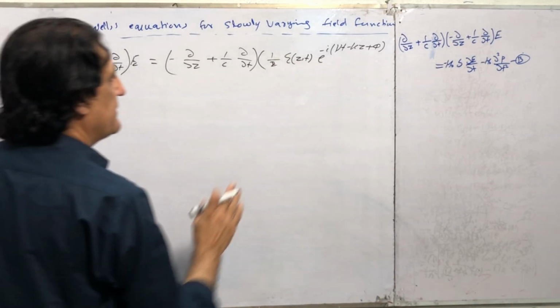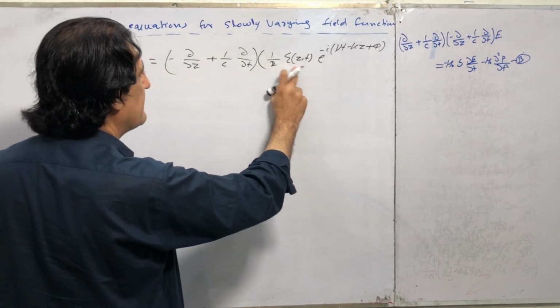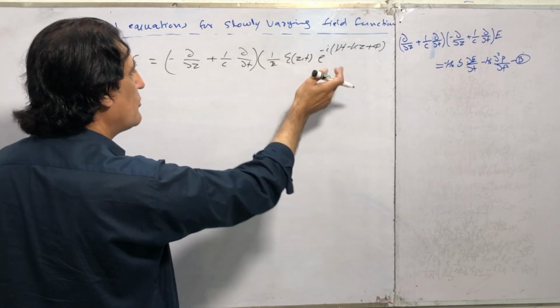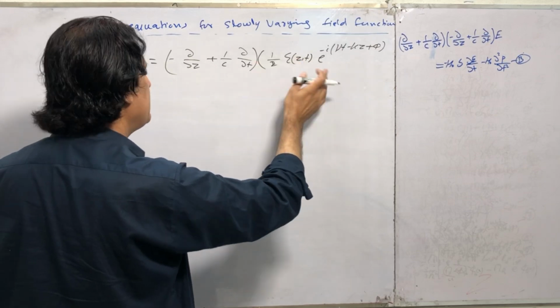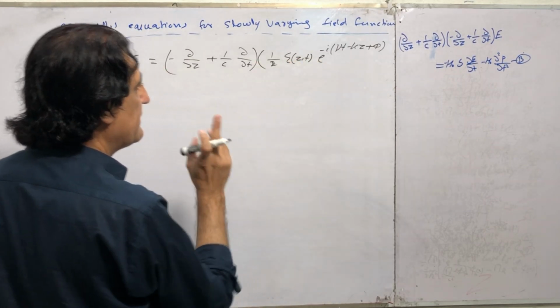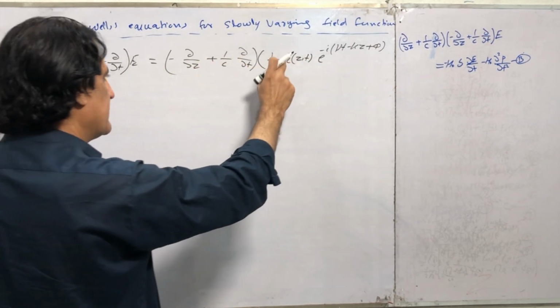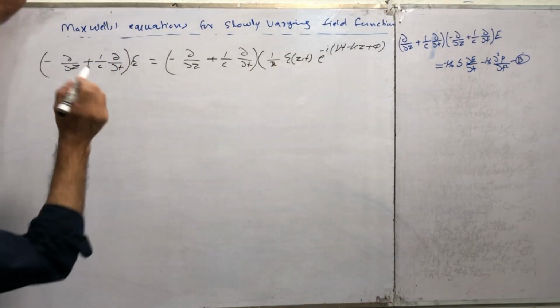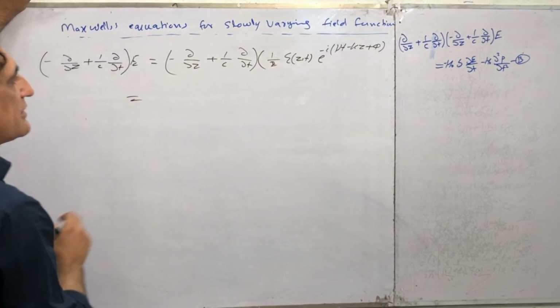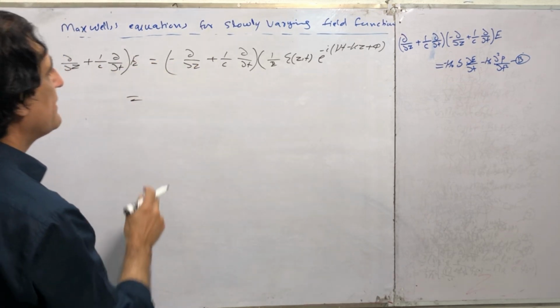So this is now clear. If I ignore the function of z and time t in my calculation, then it means that this will be a function of space and time. So let's start to solve this equation.